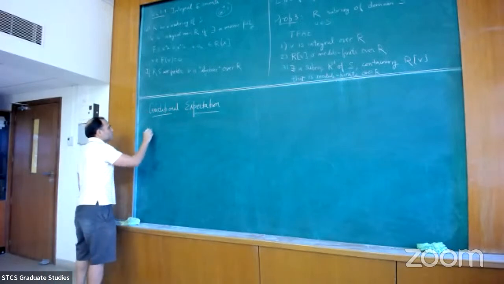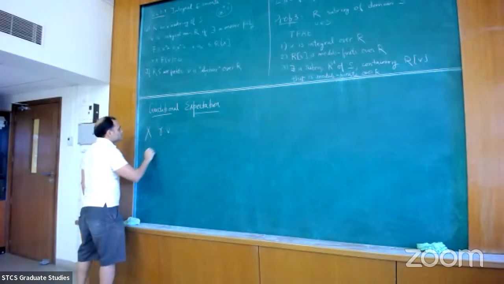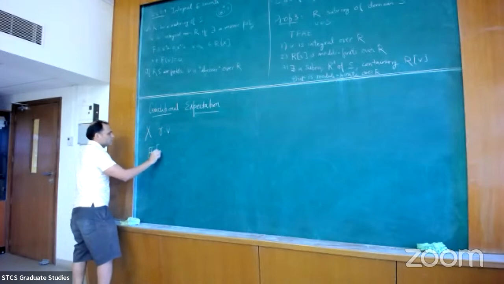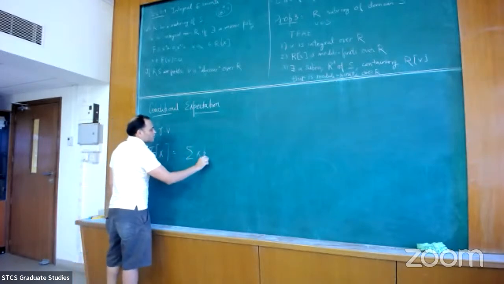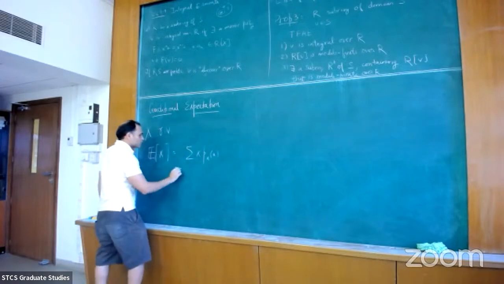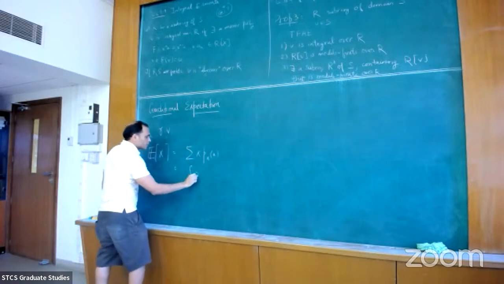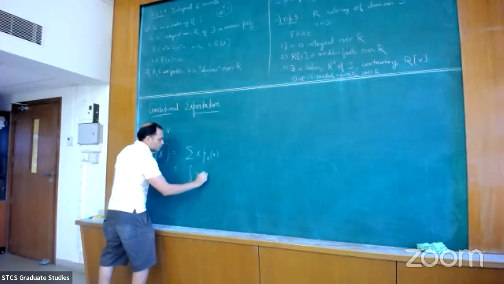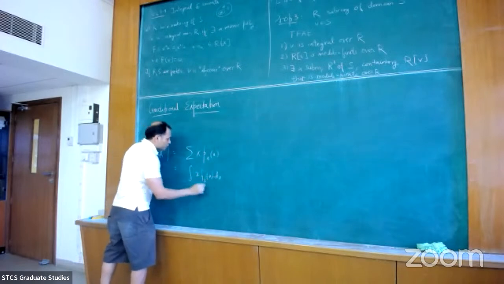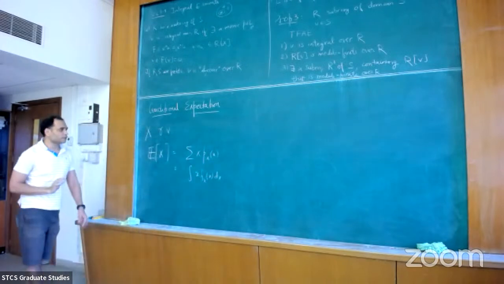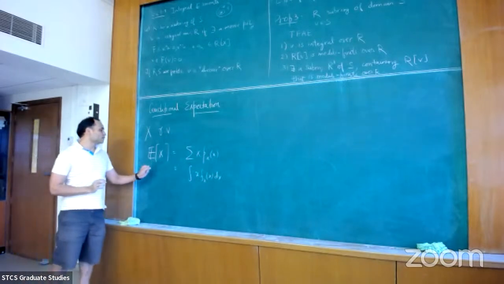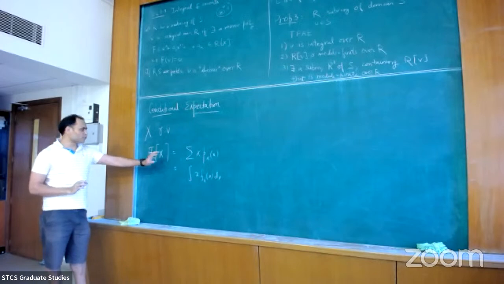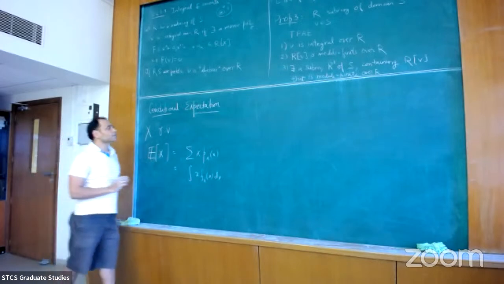If you are given a random variable x, it is either the sum of x times p of x, or the integral of x f of x, if the density exists for a continuous random variable. It's slightly more general. I'm avoiding making this more rigorous, but from what we understand, this is what expectation is.